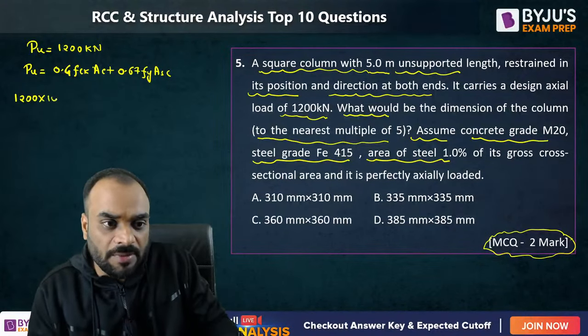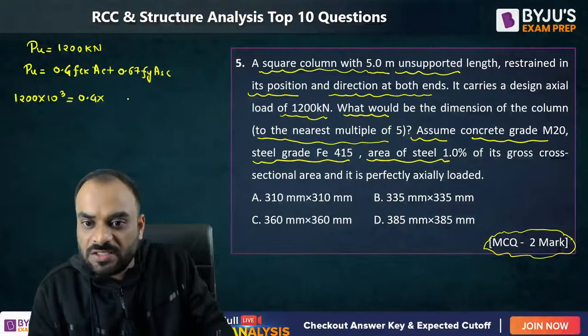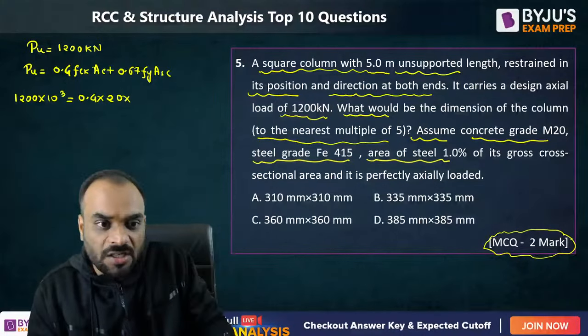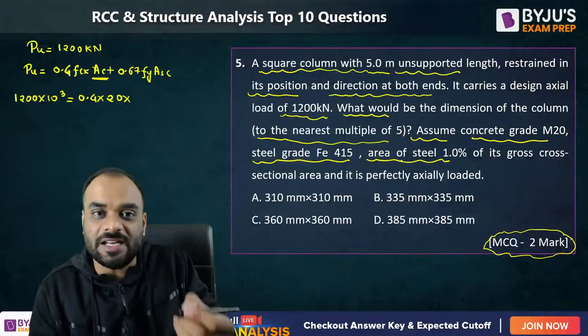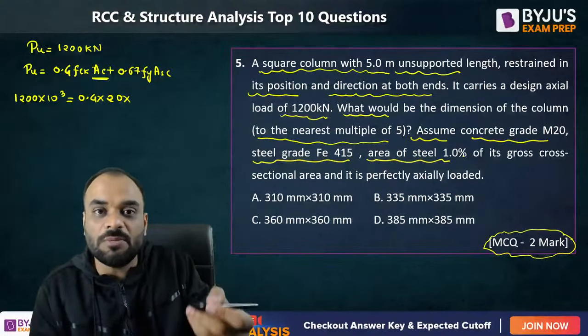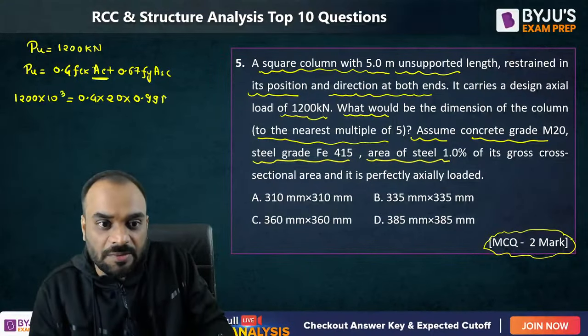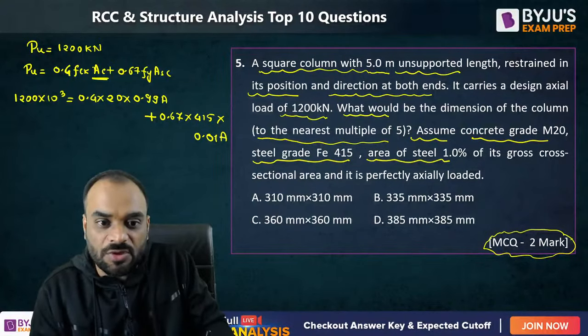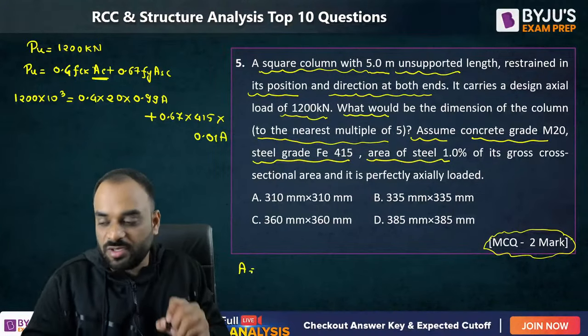1200 multiplied by 10 raised to power 3 is equal to 0.4 into fck. fck is 20. Now this area of concrete is how much? Area of concrete is 99% and area of steel is 1% of cross-sectional area. So let us write 0.99 times A plus 0.67 times fy multiplied by 0.01 times A. Okay, let's calculate the value of area.